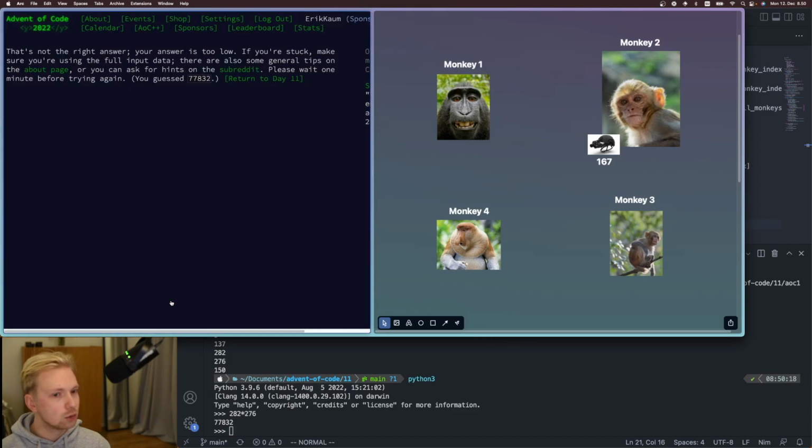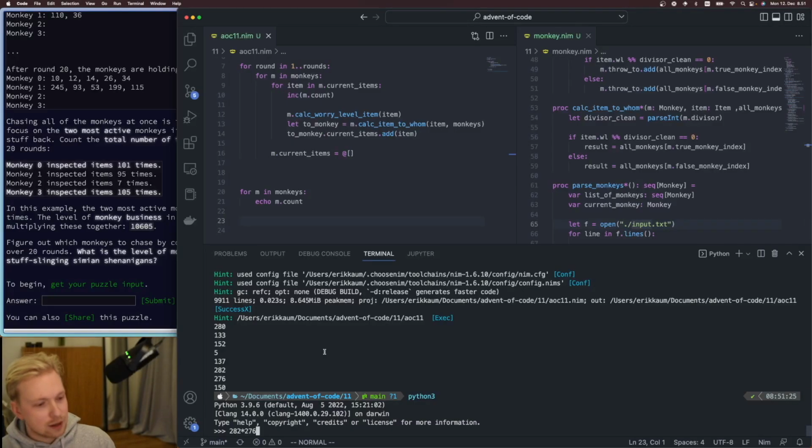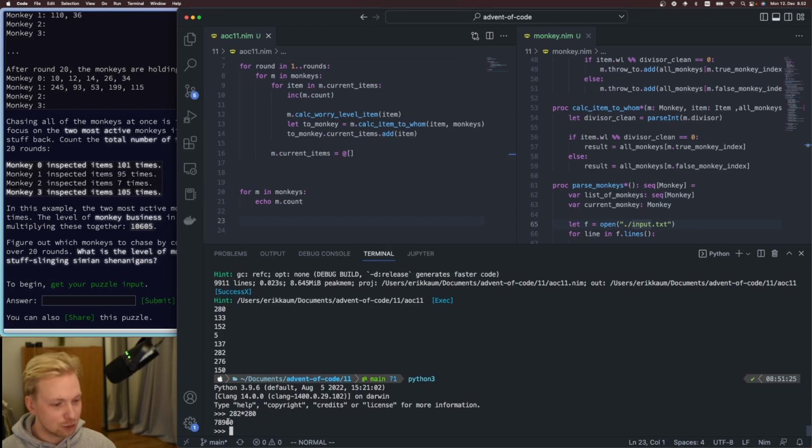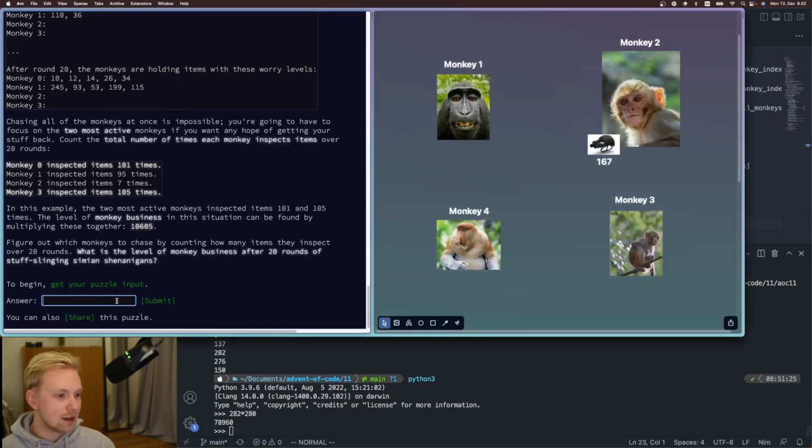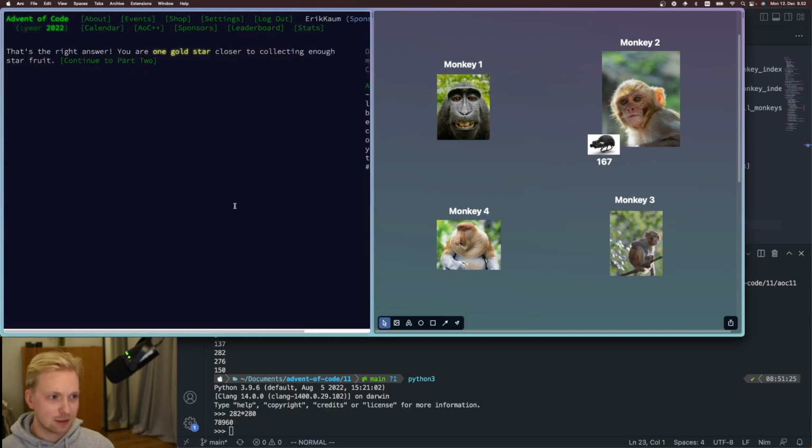No, too low, too low. Damn. Yeah, really ironic that I said who has time to do this programmatically when I'm not even able to do it manually, and I spend more time debugging my manual solution than I would have spent programming the correct solution. And there we go.